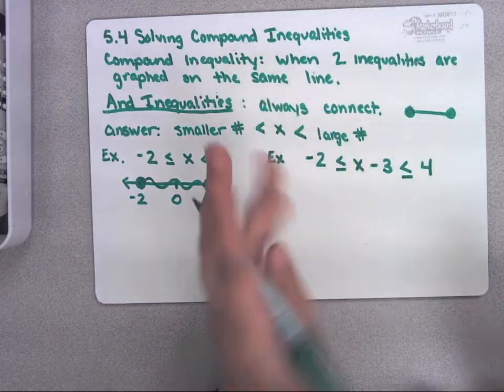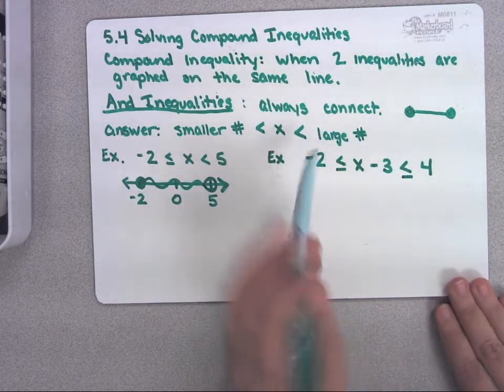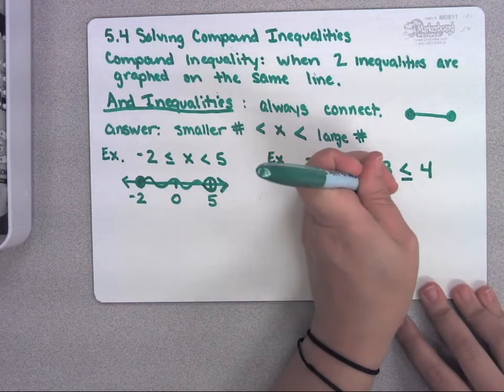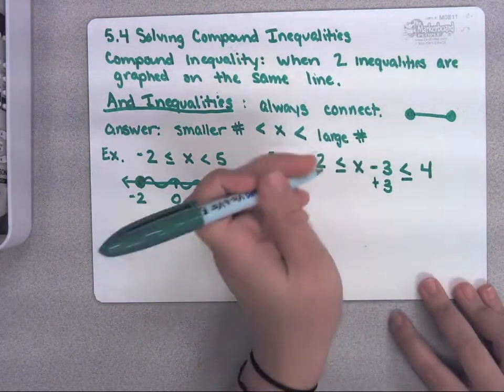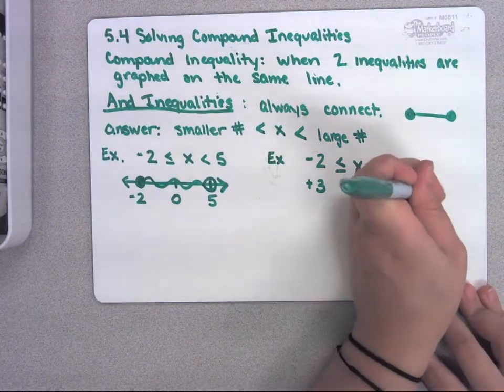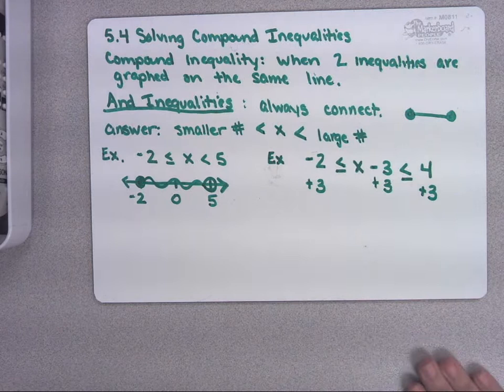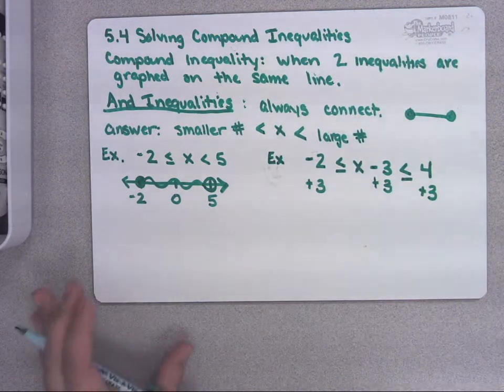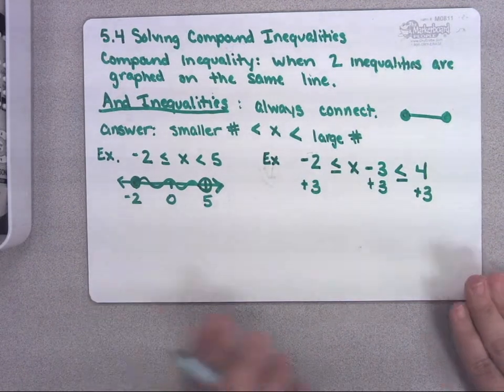We would add it to both sides, but now how many different sides do we have? We have an outside, 2 sides, and inside. So you're going to add 3 to the -2 and the 4. So you have to add 3 to all 3 sides. So you're still solving it. It just has an extra adding.